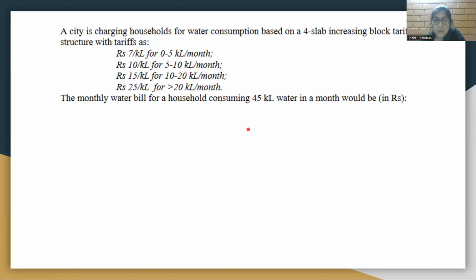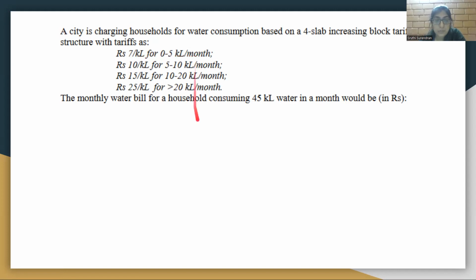We had discussed this problem, and a common mistake everyone made was to multiply directly with this 25 value, which was not how this problem was done. You have to segregate the consumption based on the slab and then charge each consumption value the money corresponding to that slab, and then find out the answer.